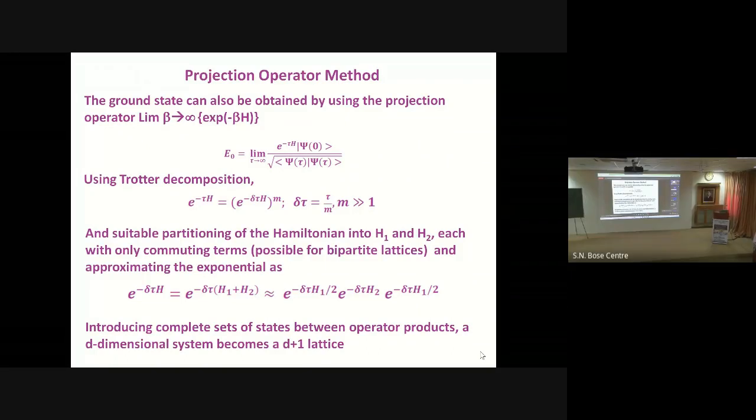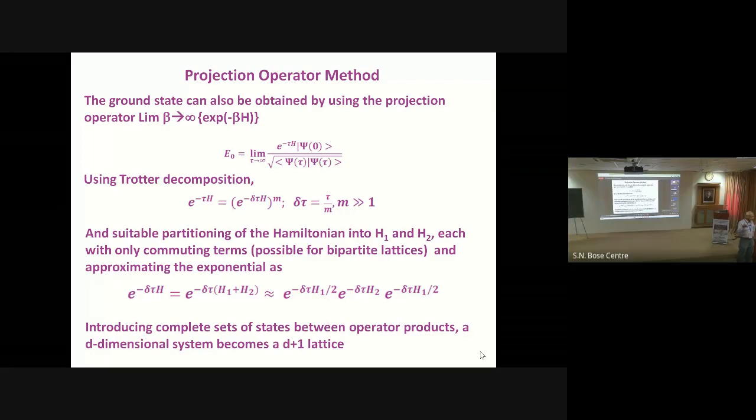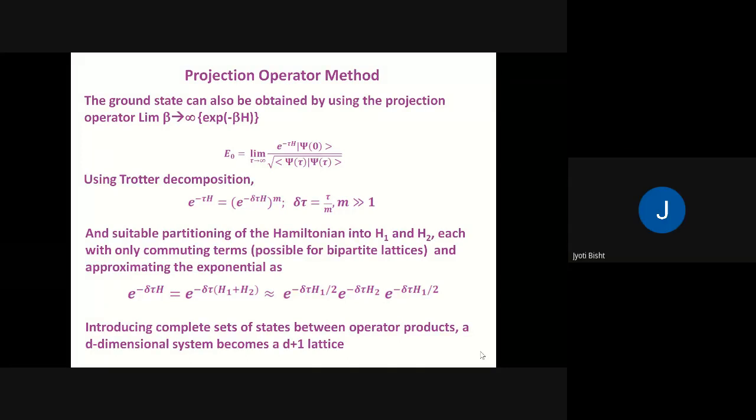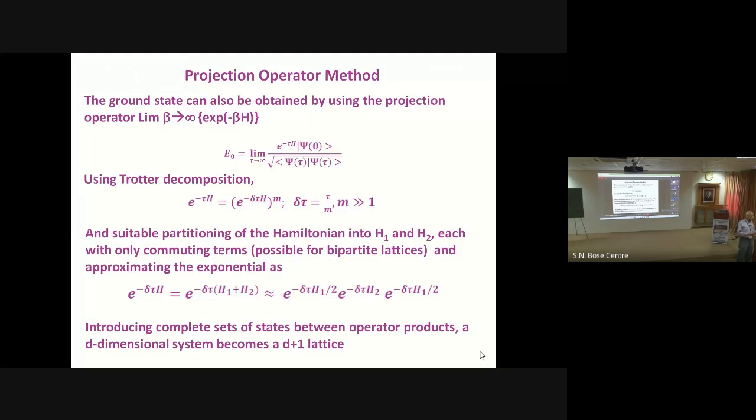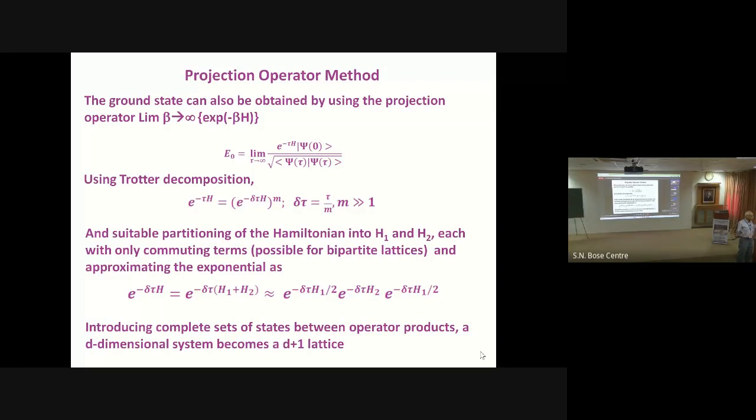So what you do is, the trace of the density matrix is always 1. The sum of the diagonal values is 1. So you make sure that the total of the densities of the states that you retain add up to as close to 1 as possible. That is, they differ from 1 by 10 to the minus 12 or 10 to the minus 13. Then in that case, you have retained a sufficient number of states.